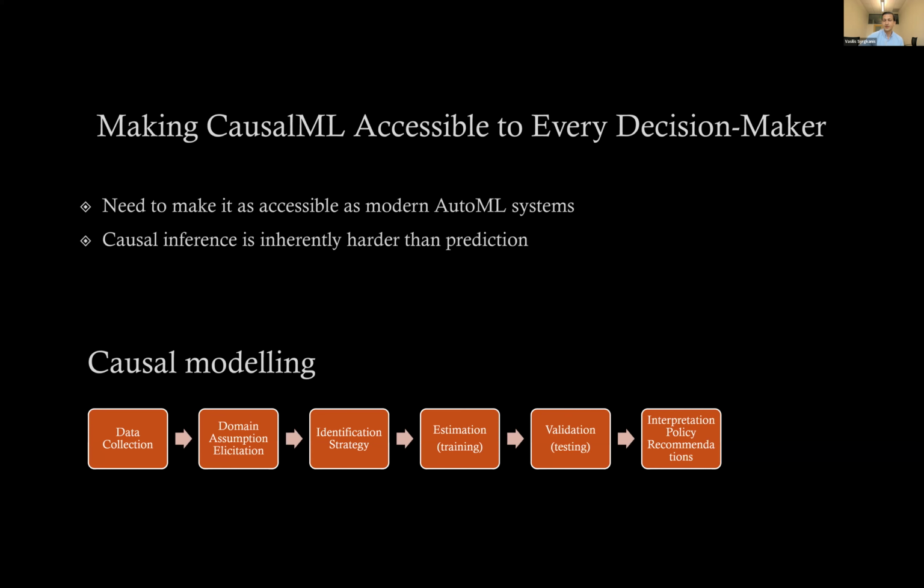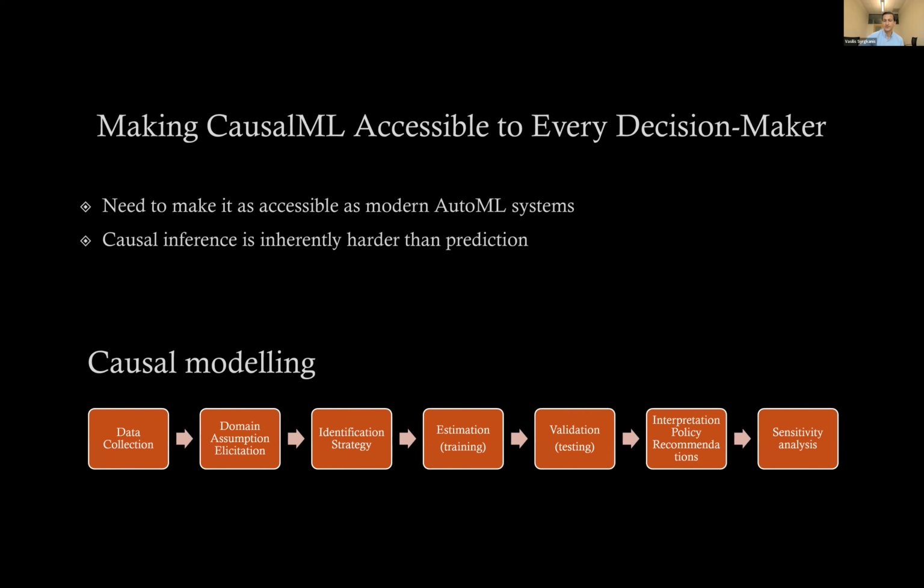And there's no perfect analog of out-of-sample validation for causal modeling. And so for that, it's important that we do sensitivity analysis to check how our results change based on domain assumptions. And also because there's no perfect analog of out-of-sample validation, we care a lot about constructing confidence intervals and performing inference.